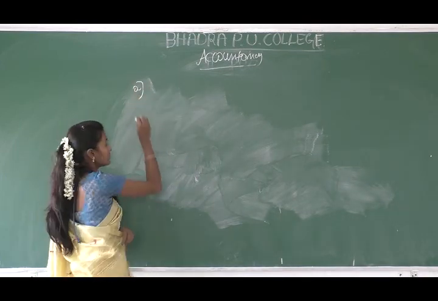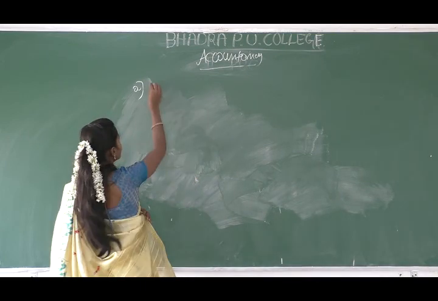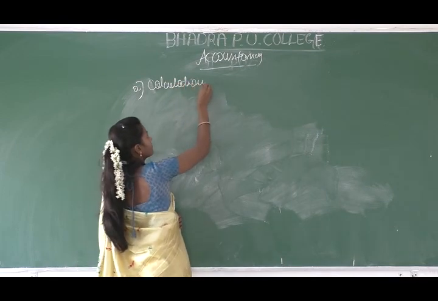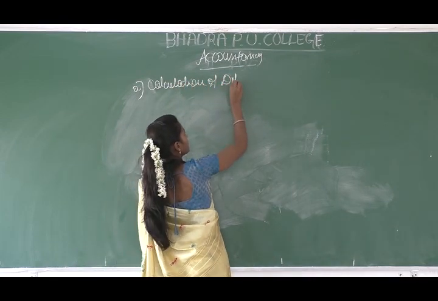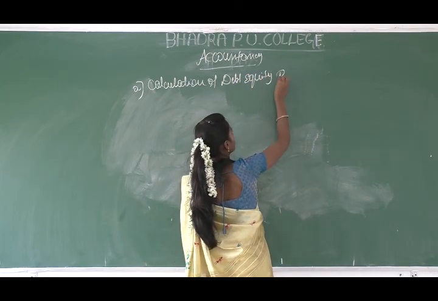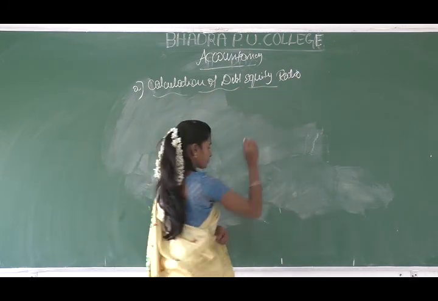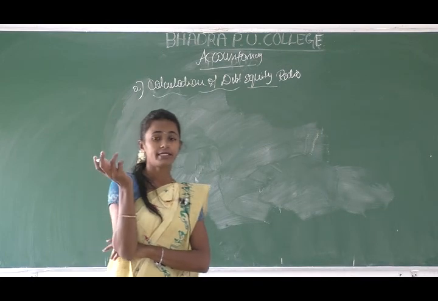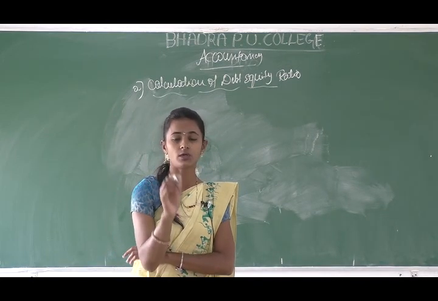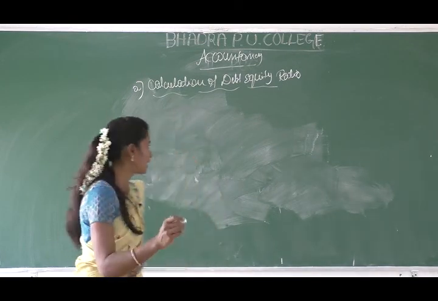Firstly, I will do the calculation of the debt equity ratio. To calculate the debt equity ratio we have a formula: debt equity ratio is equal to long term debt divided by shareholders fund.